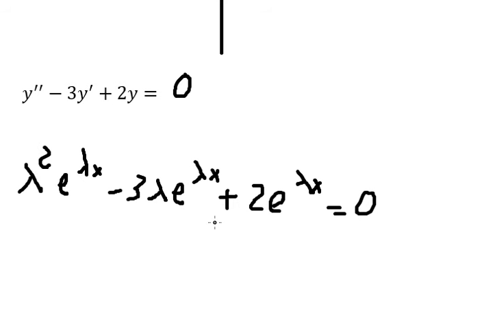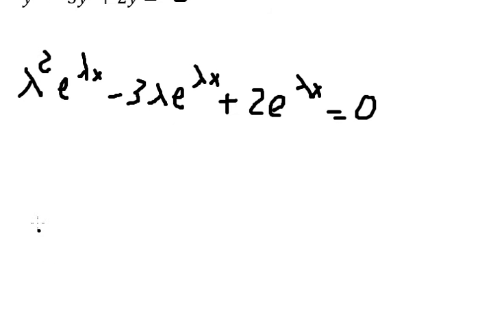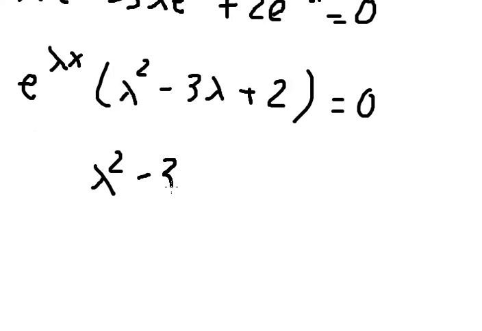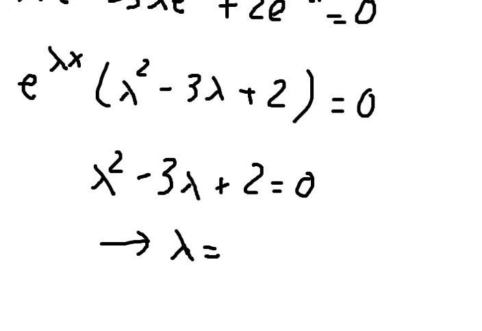Now we can factorize by e to the power of lambda s. So we have lambda squared minus 3 lambda plus 2. We need to find the solutions of this, and we have lambda equals 2 and lambda equals 1.